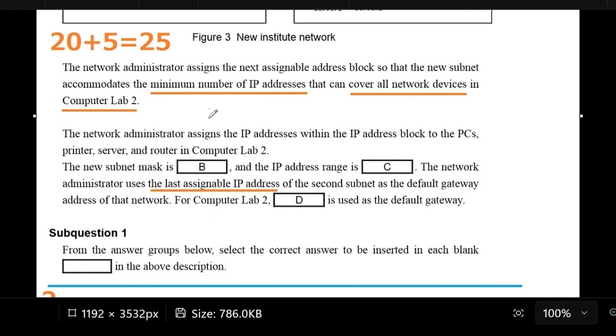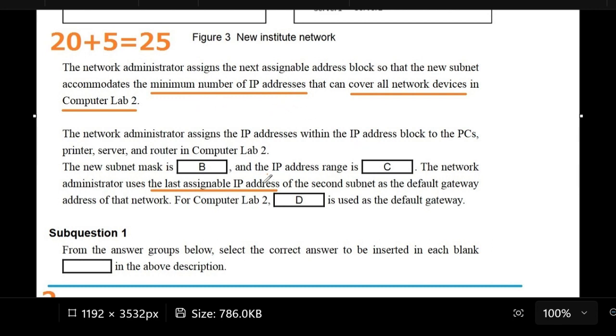The other thing that we should take note of is we need only the minimum number of IP addresses to cover all network devices in computer lab number 2, because there would be choices in the set of questions where we can choose one or the other, but if one is using the minimum number of IP addresses, then that would be the correct answer.